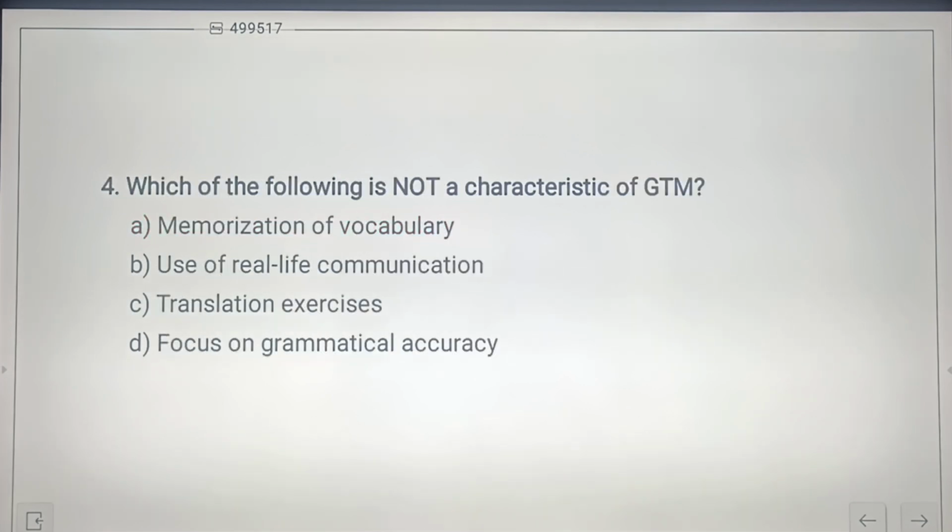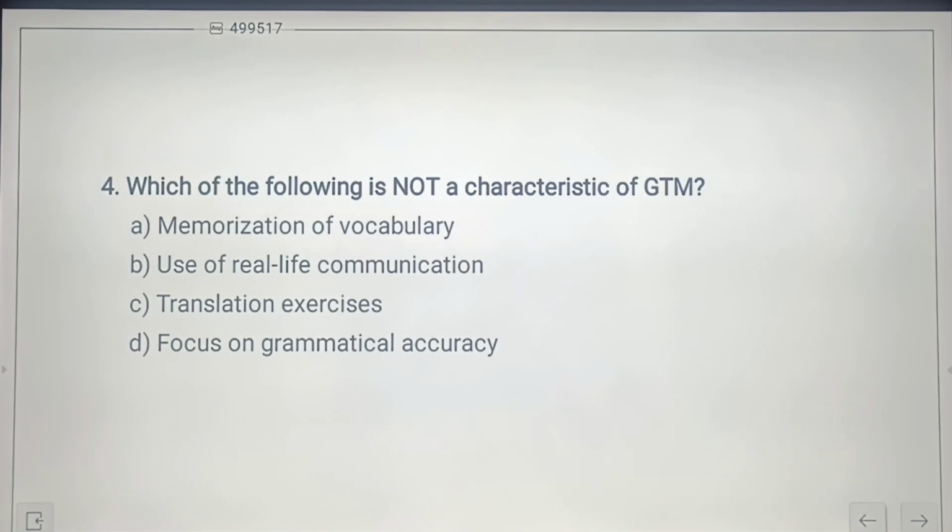Next, which of the following is not a characteristic of GTM, grammar translation method? Understand the question? Which of the following is not a characteristic of grammar translation method? A. Memorization of vocabulary.